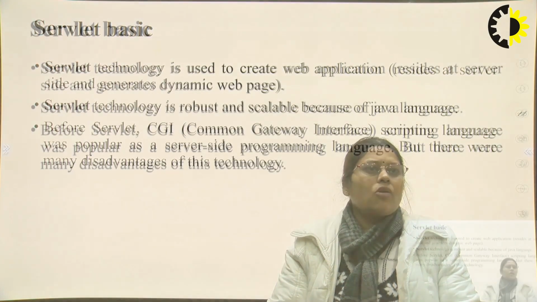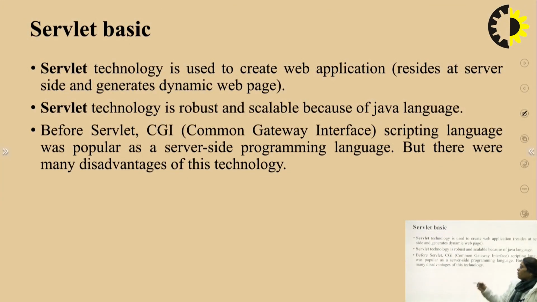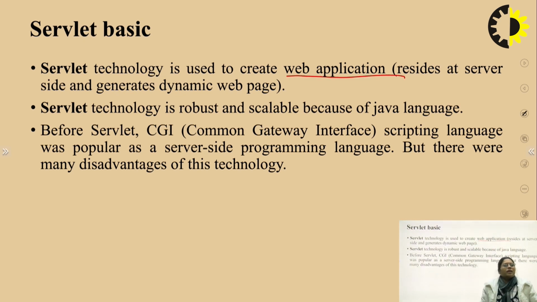Servlet technology is used to create a web application. Basically, when any program is to be executed on the server side, then we need some server-side technology. In that case, we use various technologies like servlet, JSP (Java Server Page), or CGI.